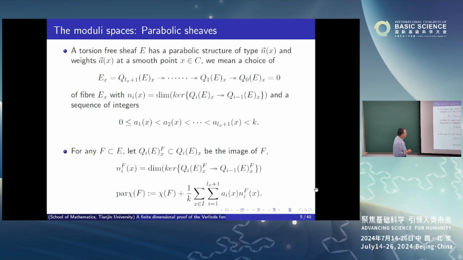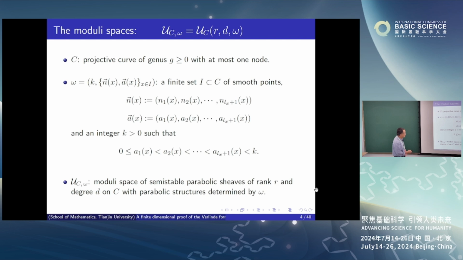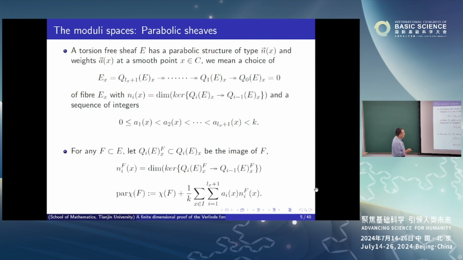So what does it mean? First of all, a torsion free sheaf has a parabolic structure of a given type. A given type means a filtration of these vector spaces, the flag of quotients, and the differences of dimensions are given.